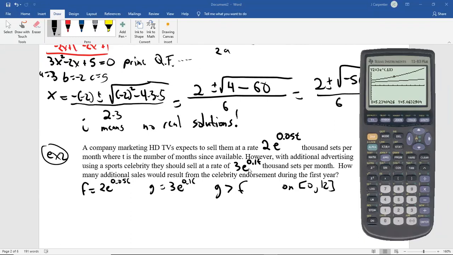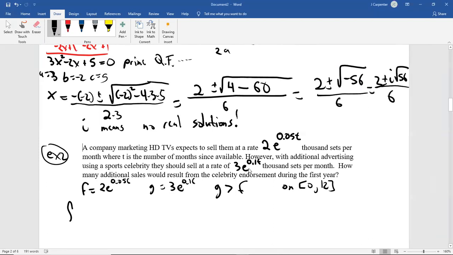So if we integrate this difference of them, that would subtract off all of the sales without advertising from all of the sales with advertising. So we've got to do the integral from 0 to 12. Let me switch to red now, which I should have already done. I keep forgetting that. Not the end of the world. 0 to 12, and we're going to do g of t, our independent variable is t now.